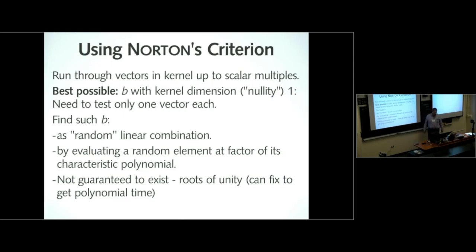So one can do this by looking at the characteristic polynomial. That still doesn't give us a polynomial time algorithm. There is a subtlety, and that subtlety, the difficult case, is basically a case where you're missing roots of unity.